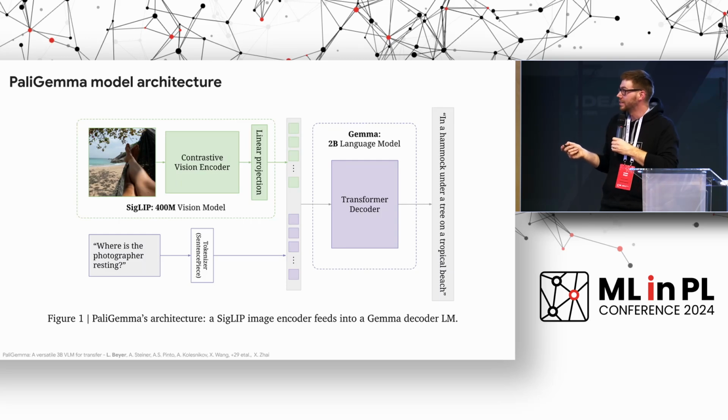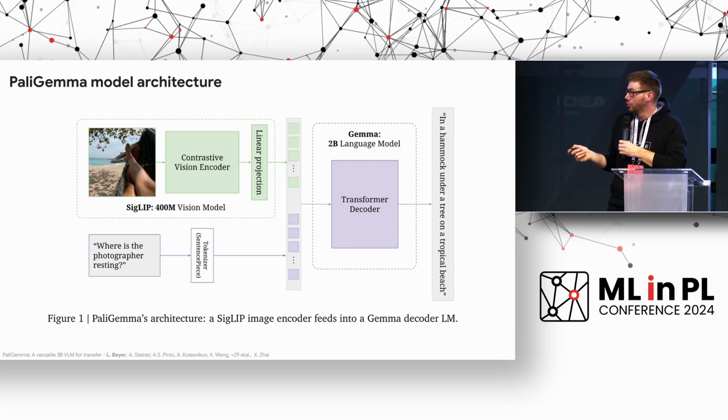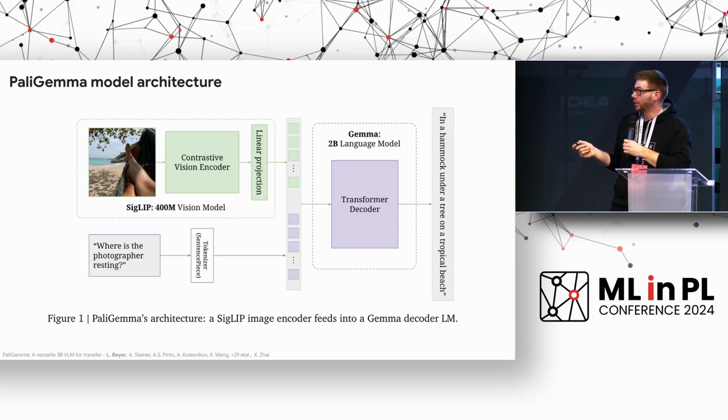So as I mentioned, you have an image encoder that was pre-trained in some way, and then nowadays usually just a transformer decoder language model. You send the image through this pre-trained image encoder, and you get a list of tokens, like a list of float vectors. They represent the image, or a grid of float vectors, but then you flatten it into a list.